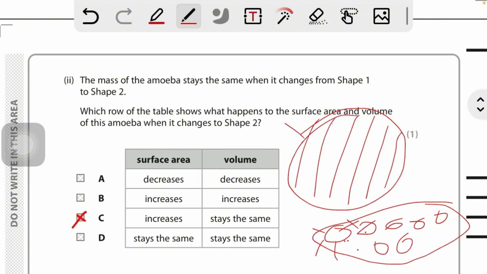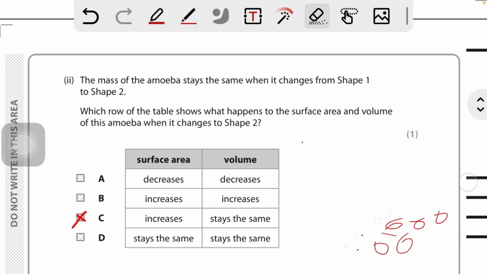Unlike this one, it has only this area, the outer surface is only exposed. But when it is cut, it is divided into more pieces, which increases its surface area. Okay, it's an easy example that can help you to remember what happens to the surface area when anything is cut.